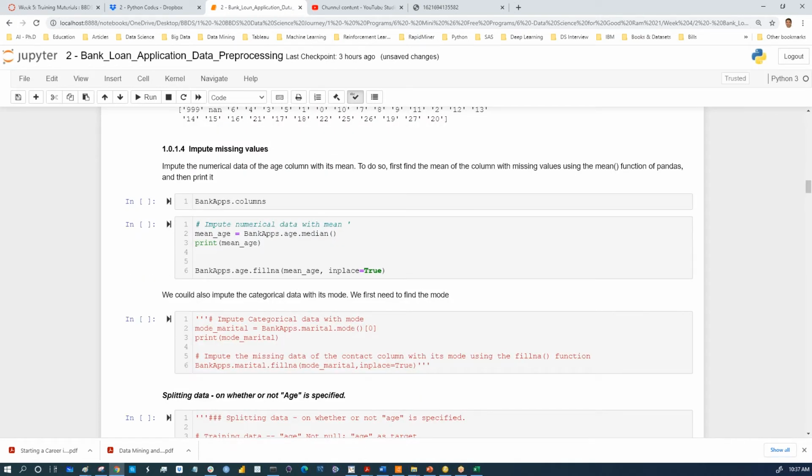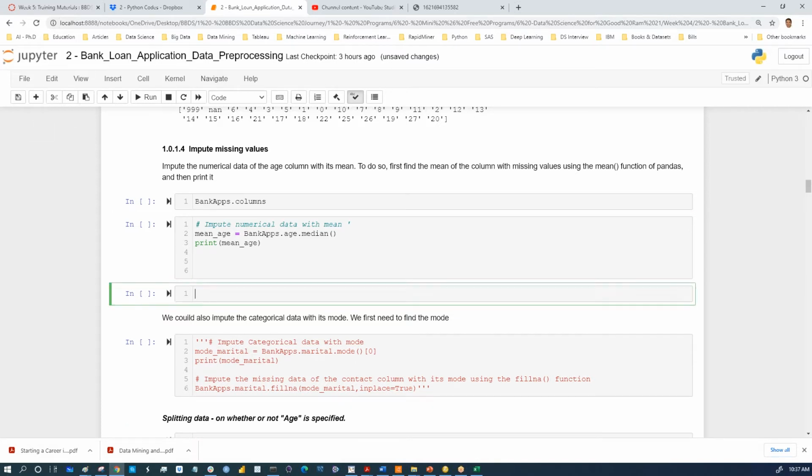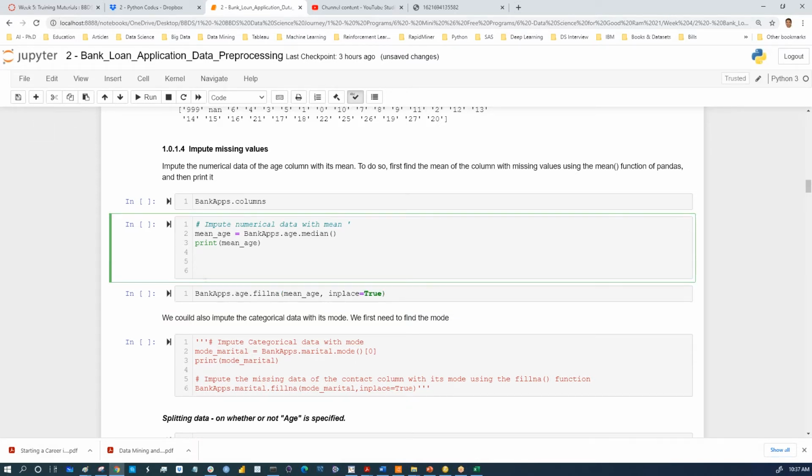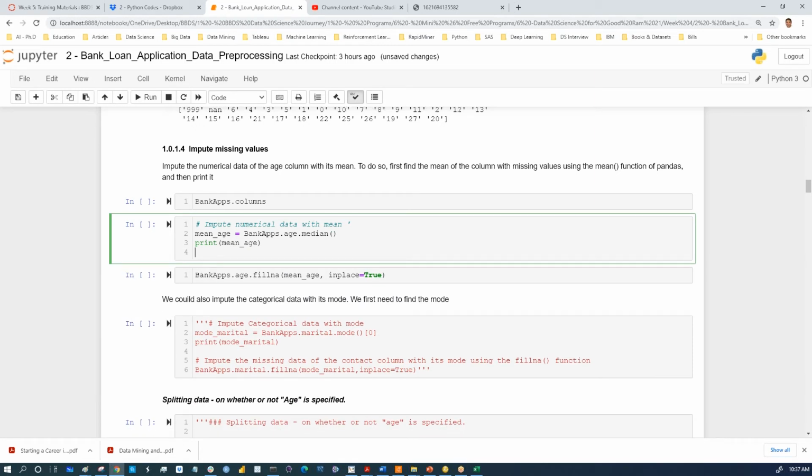Now I'm going to show you how to impute the missing values of age. The missing value is, I believe, 56, right? That is the missing value.